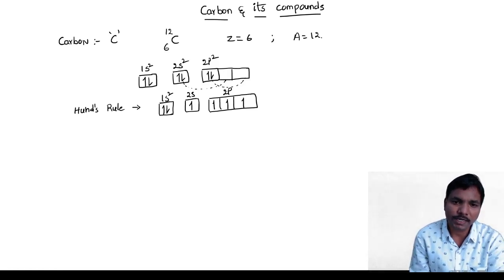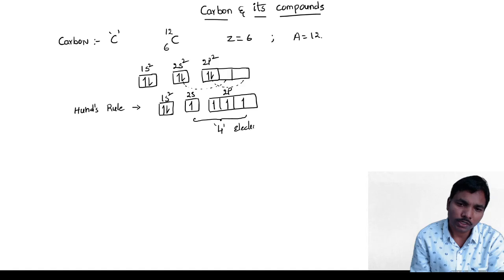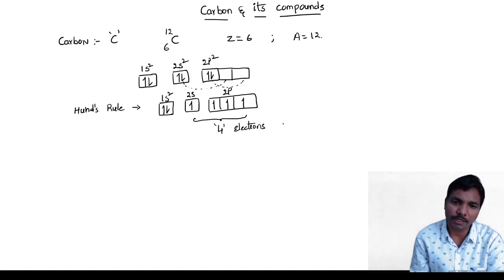Now in the second orbit, how many electrons are there? That is 4 electrons. The second is the outermost orbit. The electrons present in the outermost orbit are called valence electrons.